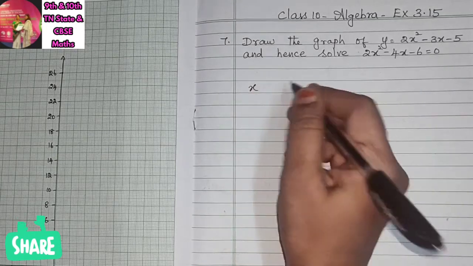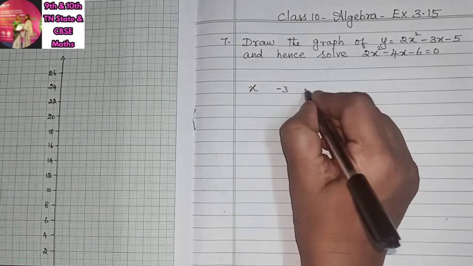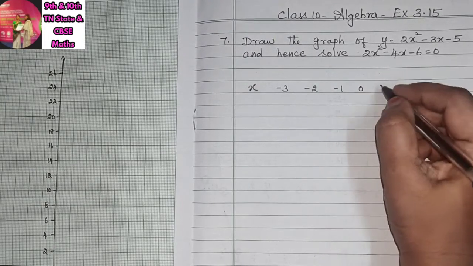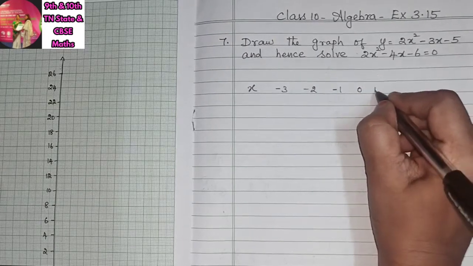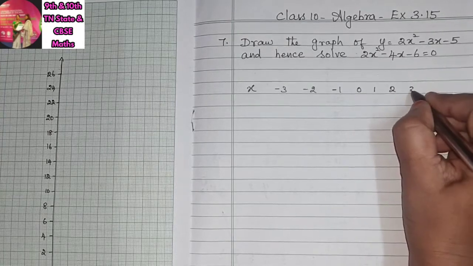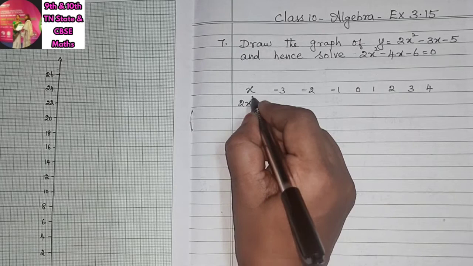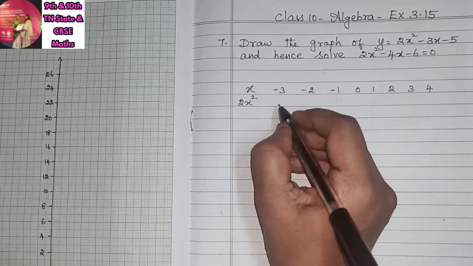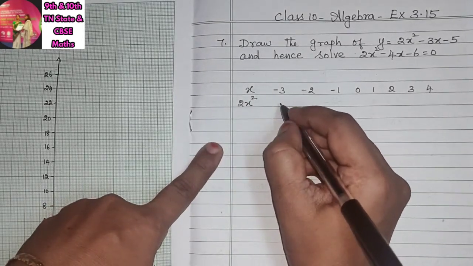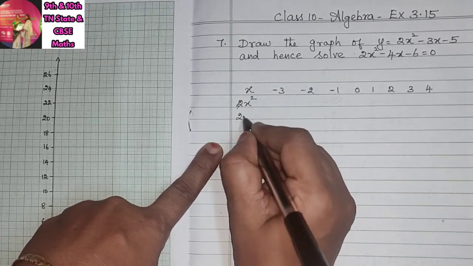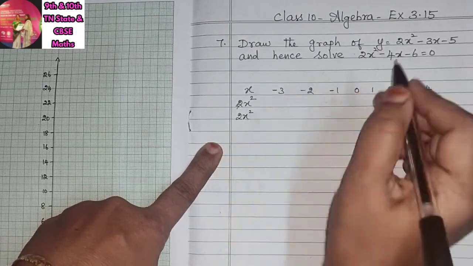So first we will take x values as -3, -2, -1, 0, 1, 2, 3, 4. Then 2x². First we will find x², then we will find 2x², just for our convenience.